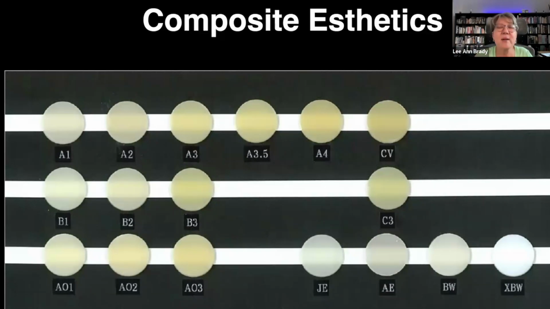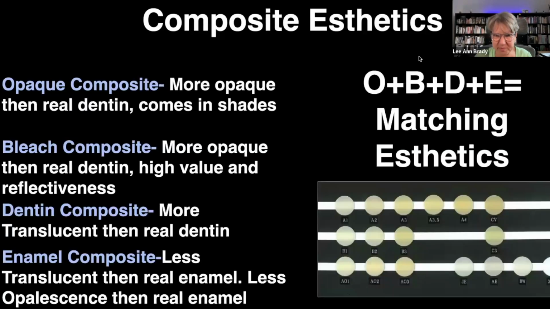All you need is that one slide or this one graphic. And it's going to go an immense way at helping you understand how to layer the composite you already own so that you can better match the light properties of a natural tooth.